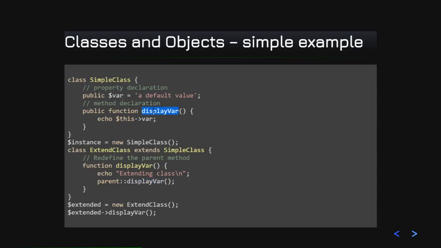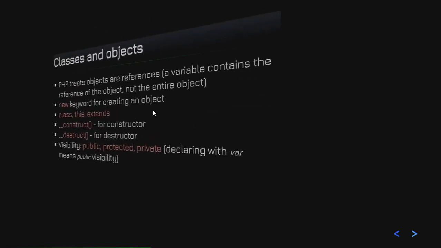So this is a simple example of defining classes and objects. You will see more examples of PHP classes and objects when I show you the link between PHP and MySQL or MariaDB database later on today.